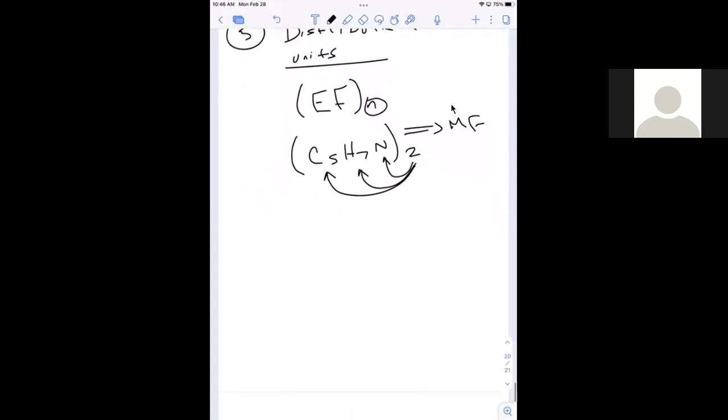So the molecular formula is actually going to be C10H14N2. Is that right? All right, questions about that? Any questions about that?